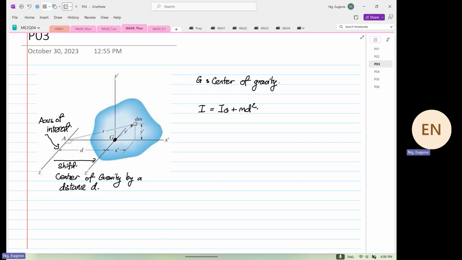Where Ig is the mass moment of inertia about the body's mass center, and m represents the mass of the body.